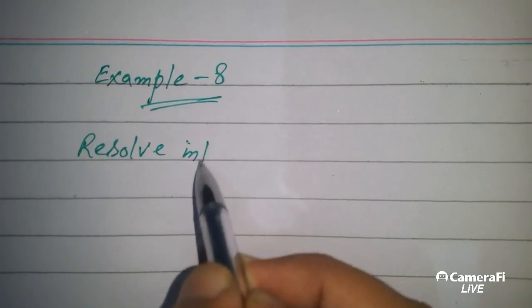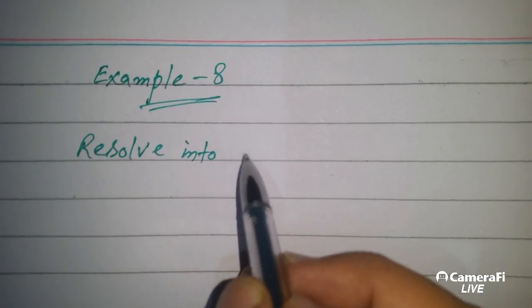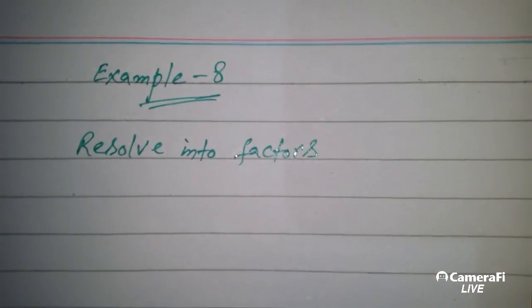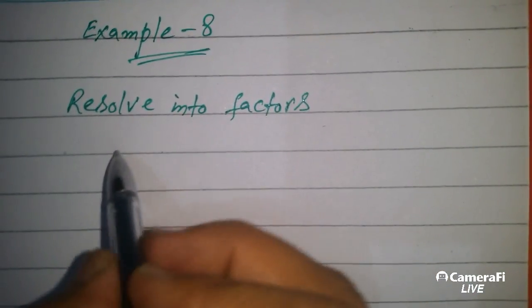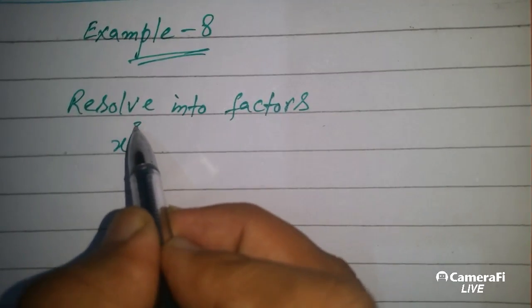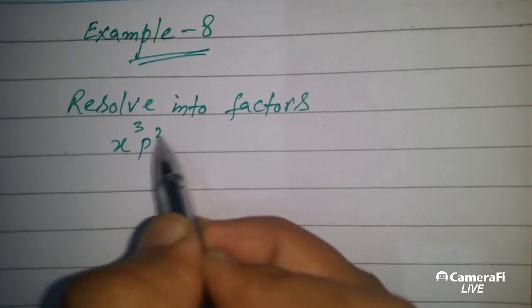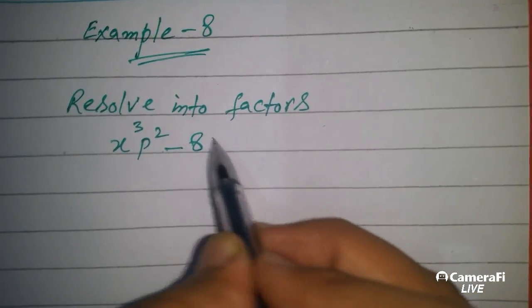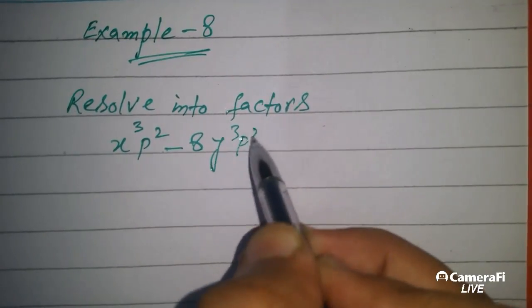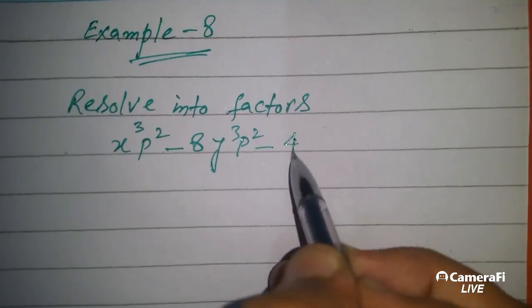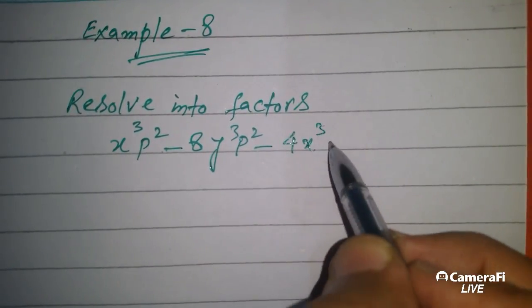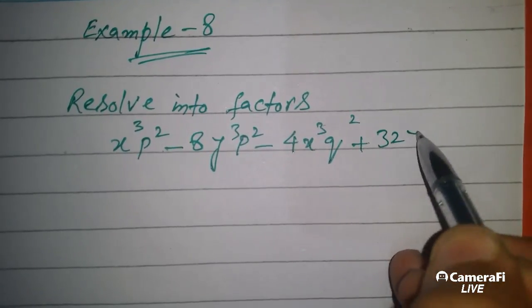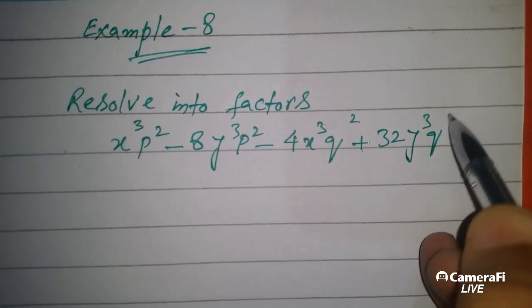Resolve into factors: x cube p square minus 8y cube p square minus 4x cube q square plus 32y cube q square.